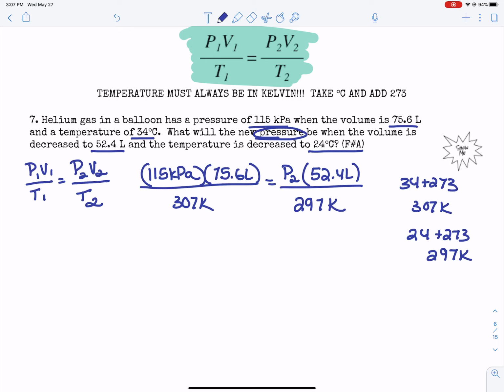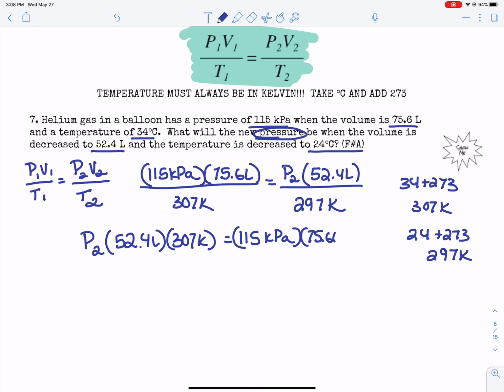Like again, there are many different algebraic ways to solve this problem. You can cross multiply. That's how I do all of these. I just find that I make fewer mistakes when I cross multiply. But cross multiplying gets rid of the fraction, which is where students, if they're going to make a mistake, make a mistake.